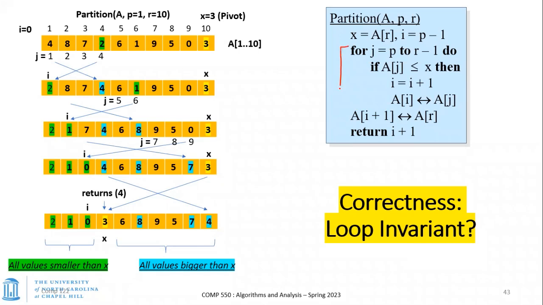The question is, can you define a loop invariant which is true at the beginning, is maintained, and then at the end, when the loop terminates, gives us something useful?